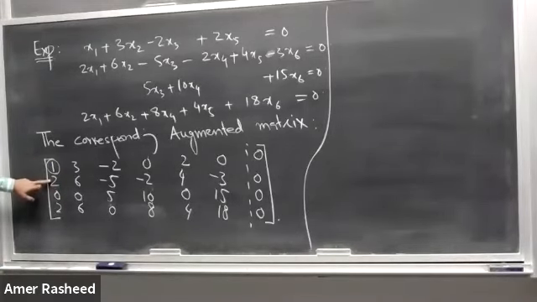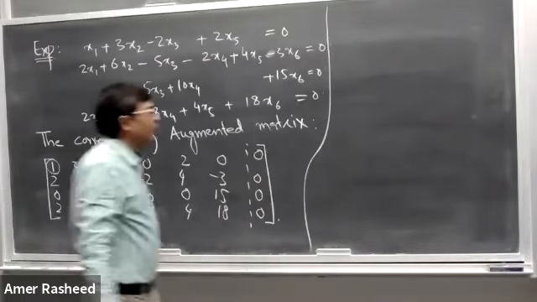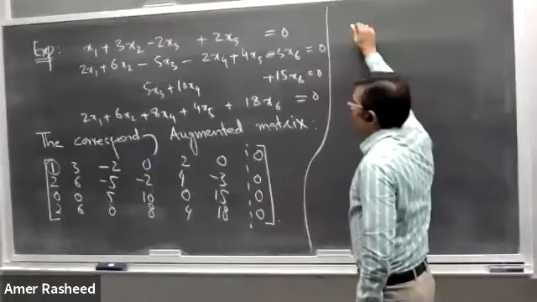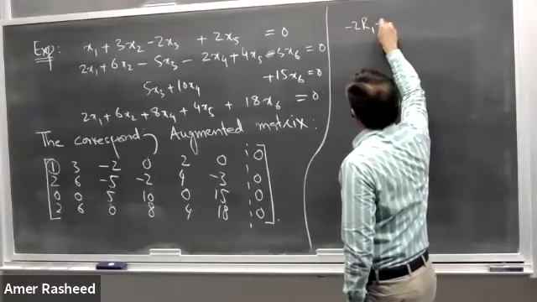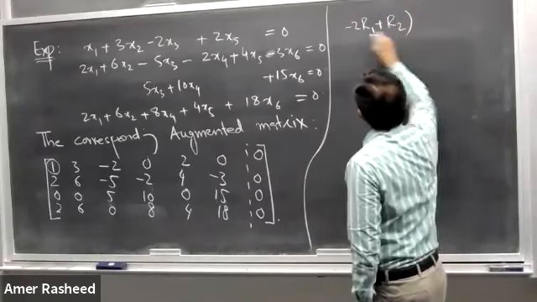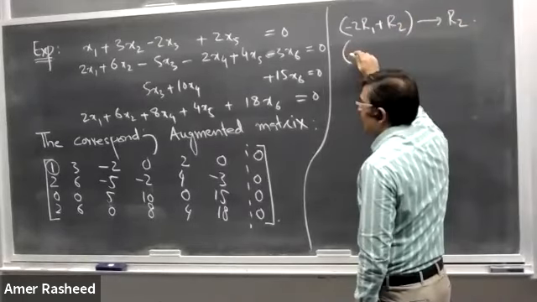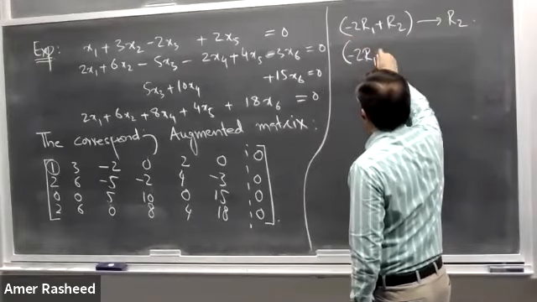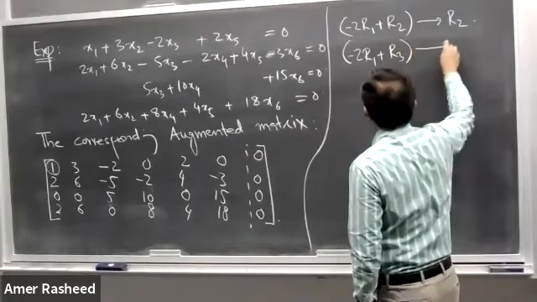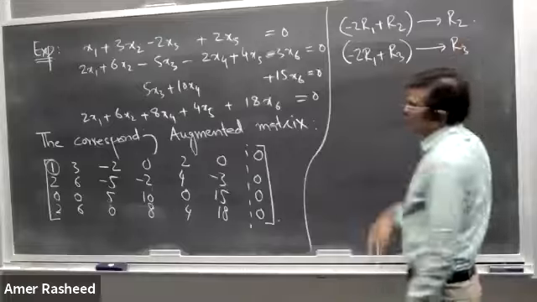And next we are going to make zeros below it. I'm going to apply negative 2r1 plus r2. In this case, r2 is going to change. And then again, negative r1 plus r3. And the r3 is going to change.